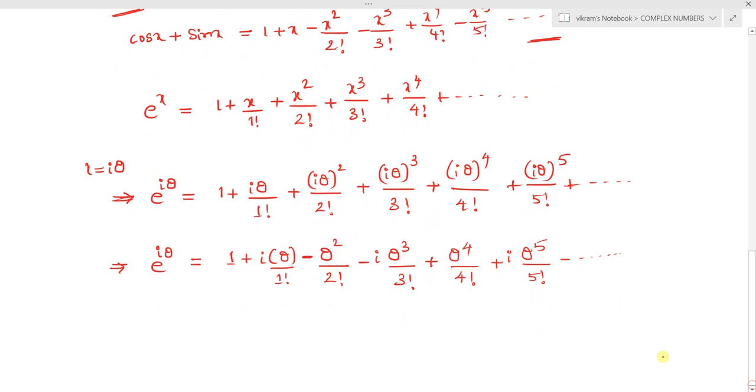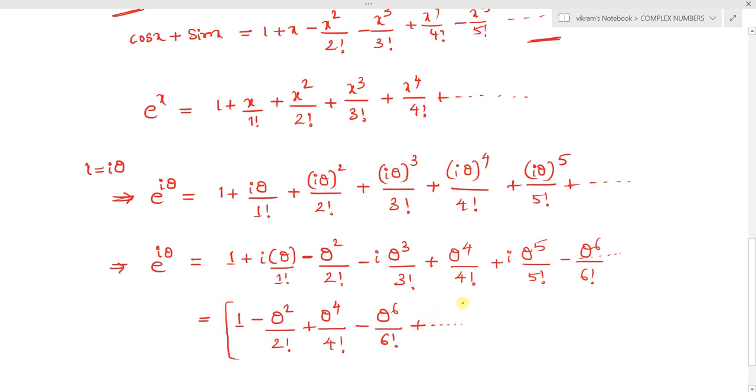Okay, if we try to simplify this, what will we get? I am writing it as 1 minus θ square by 2 factorial, which is the real part, plus θ power 4 by 4 factorial, and next we will get minus θ power 6 by 6 factorial, and plus θ power 8 by 8 factorial.